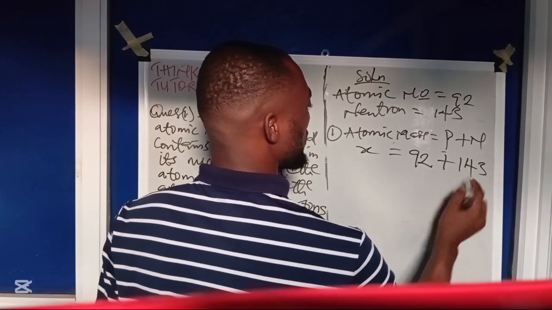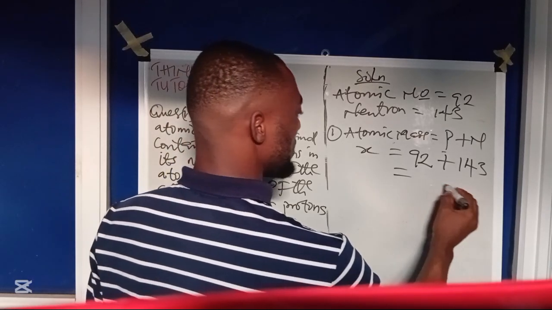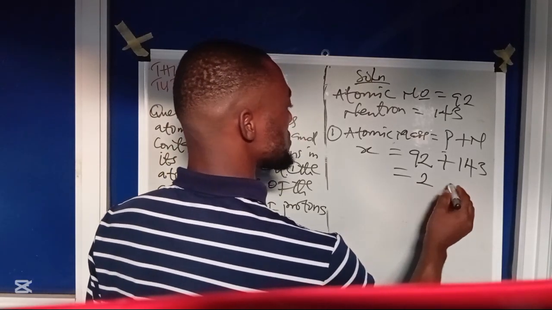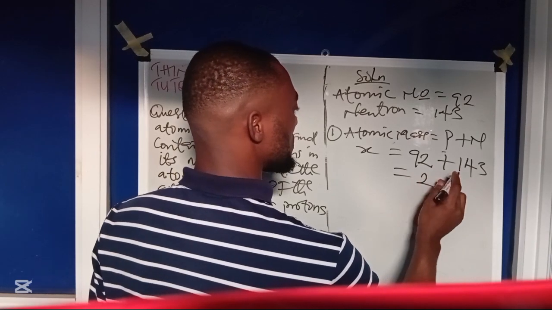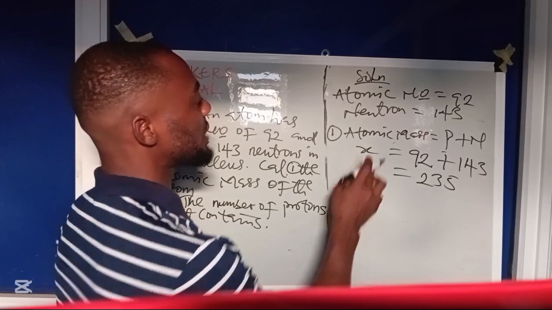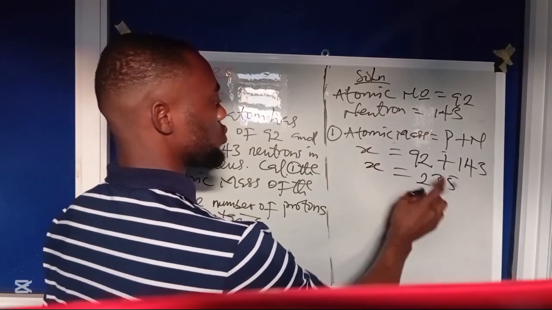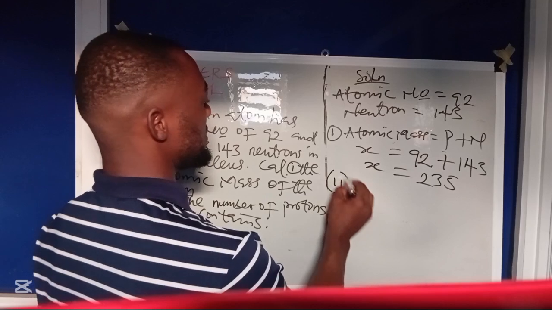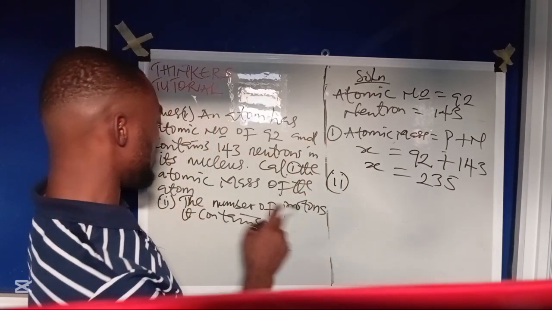143. So when you add this together, it will be 235. So the mass number of this element X is equal to 235. Then I said that we should find the number of protons.